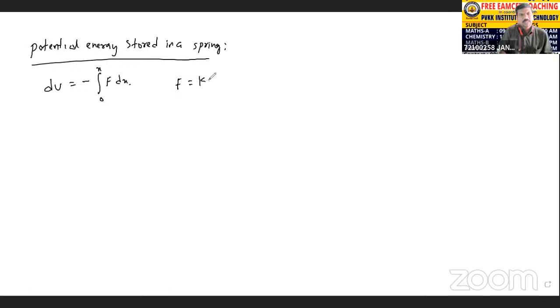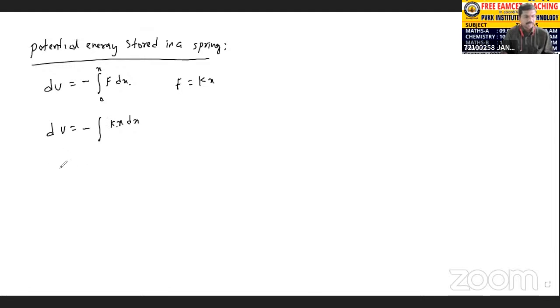K represents the spring constant. dW is equal to minus the integration of kx into dx. Substituting F, F is equal to kx.